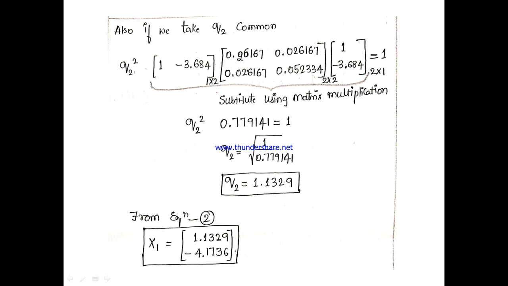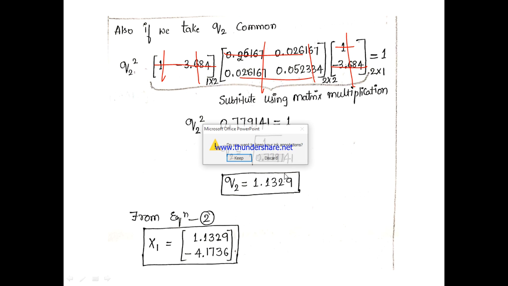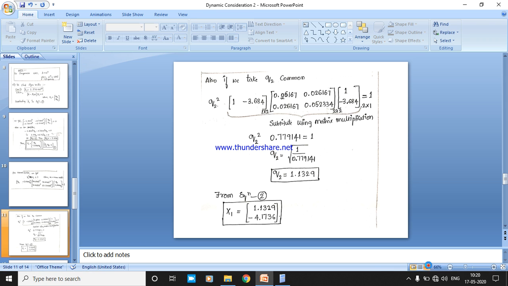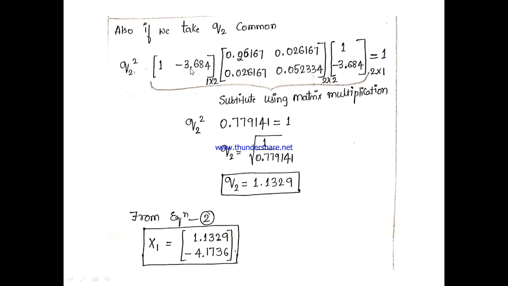Here I have a 1 by 2 matrix, that is 1 row, 2 columns. This is a 2 by 2 matrix, 2 rows, 2 columns. This is a 2 by 1 matrix, 2 rows, 1 column. So this is how the matrices are set. Now how to multiply? First we multiply these two, 1 by 2 and 2 by 2.